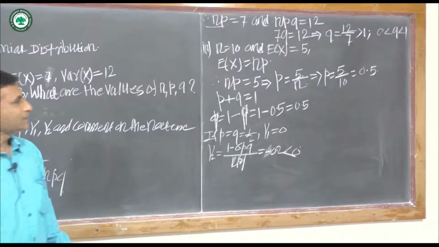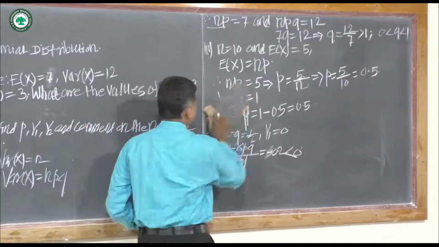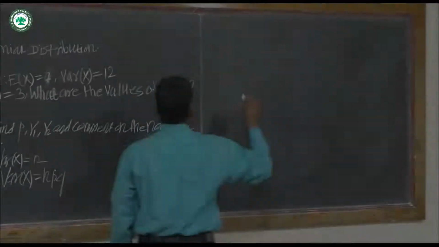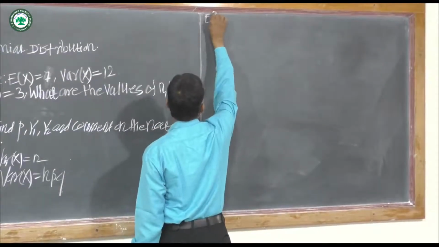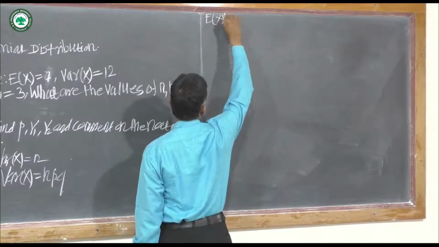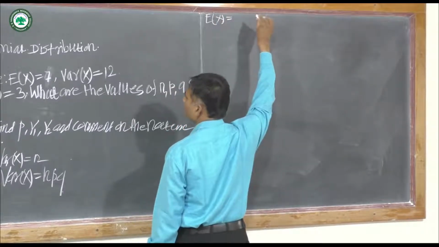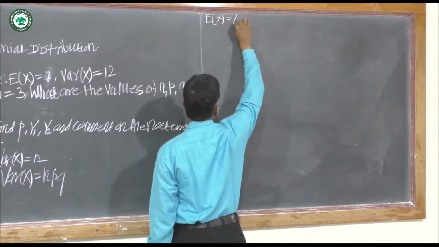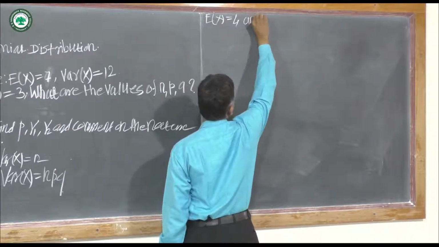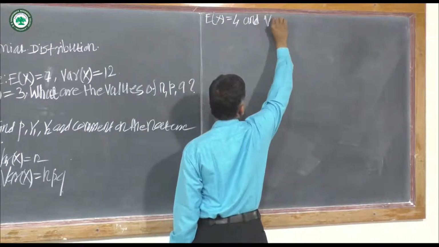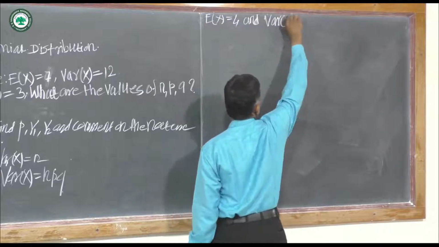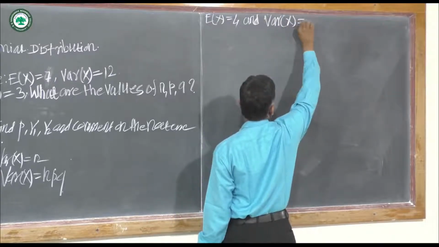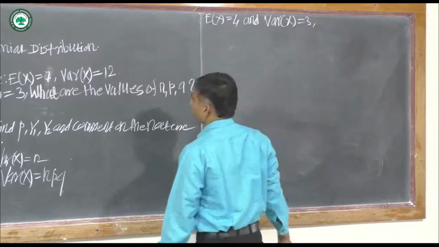Then we see the next bit: expected value of X is equal to 4 and variance of random variable X equal to 3.